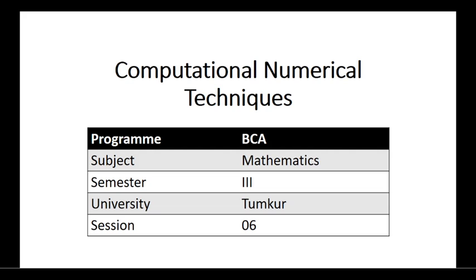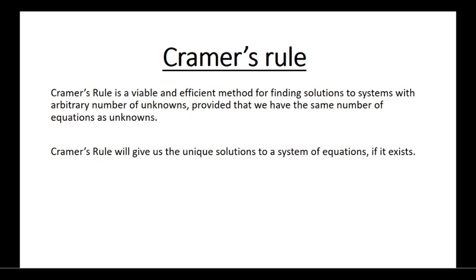So in this session, the easiest method, the efficient method, the good method for finding solutions of linear equations with arbitrary number of constants we can discuss, that is Cramer's rule. This Cramer's rule is applicable only if the number of unknowns is equal to the number of given linear equations.